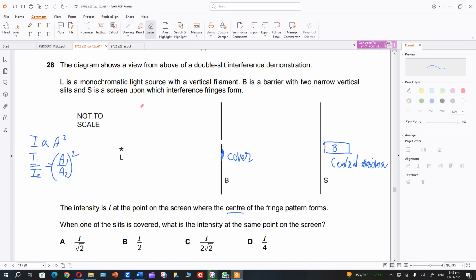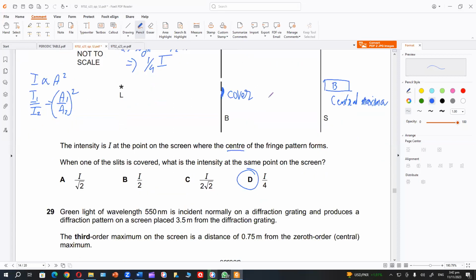The formula can be used, but we can guess it directly that half light will pass means half A, which means that the intensity will be 1/4 I, because you have to square it. So after squaring, it will be 1/4. Okay, good, but you have to start contributing.